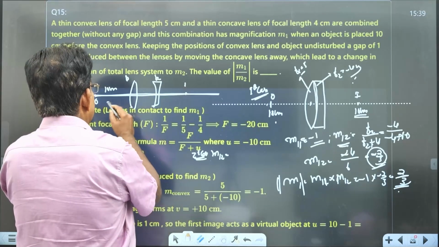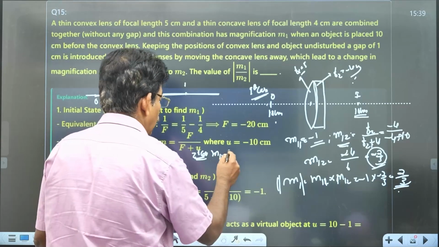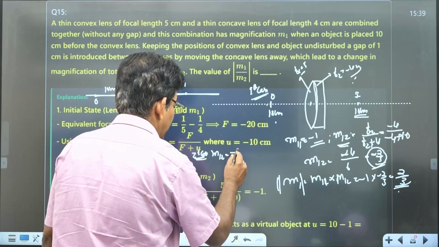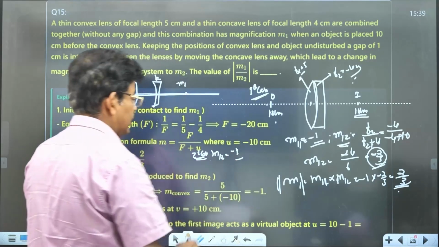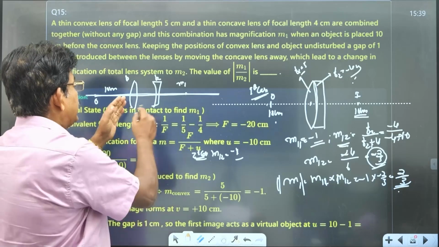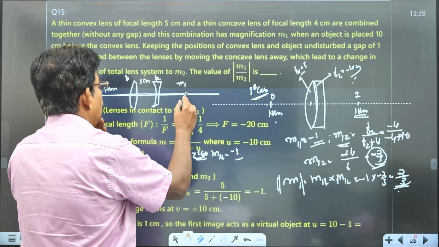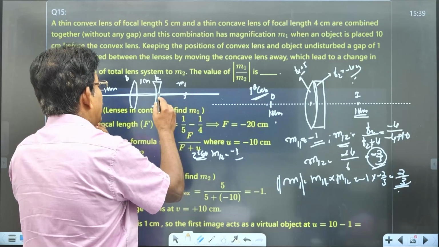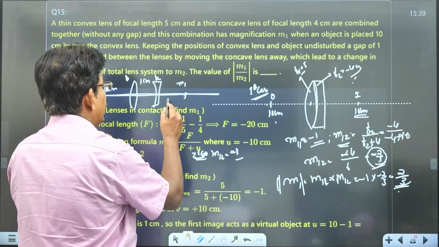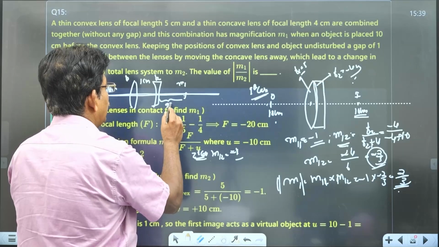Again, object is kept at 2f, image will be formed at 2f, therefore it will be -1 as in the previous case. Then for the second case, it is 1 centimeter advance. Now the distance from the intermediate image to the lens is coming to be 9 centimeter only.